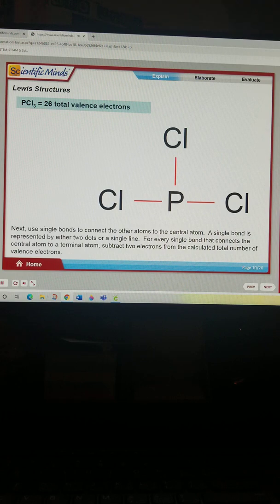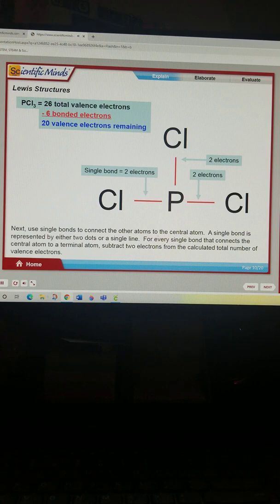Next, use single bonds to connect the other atoms to the central atom. A single bond is represented by either 2 dots or a single line. For every single bond that connects the central atom to a terminal atom, subtract 2 electrons from the calculated total number of valence electrons.